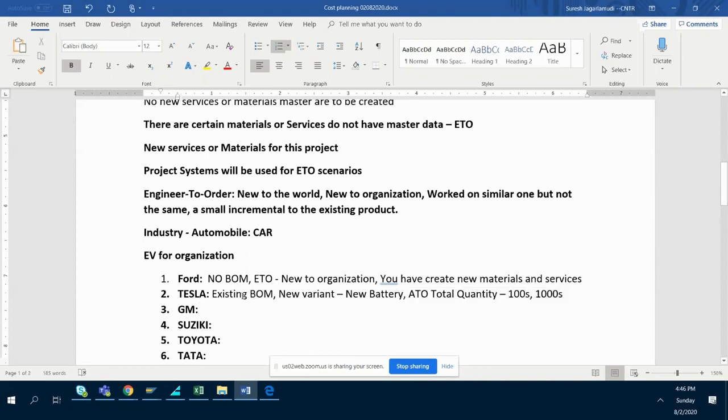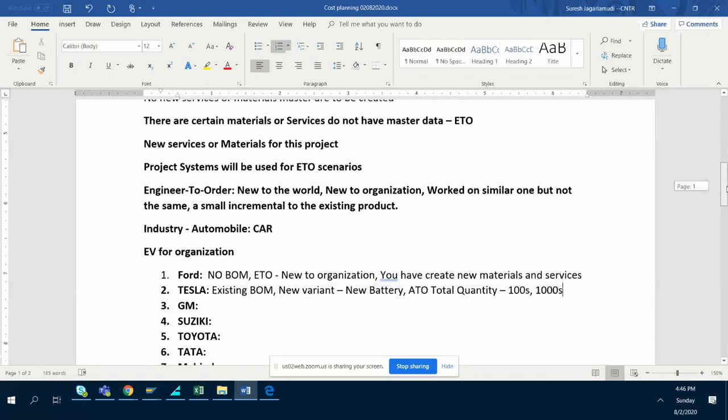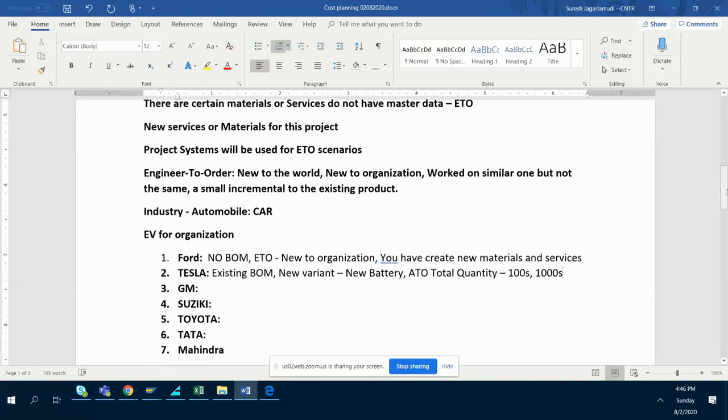So once BOM is available, everyone should go through this process. Okay, now let us talk about GM. Do they have electric vehicles? I don't think so. They don't have. Of course, they are not good players. So for them, this same is applicable.